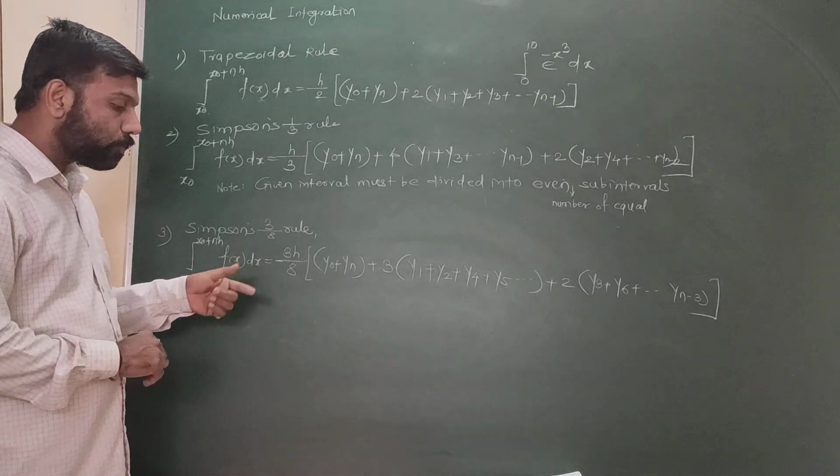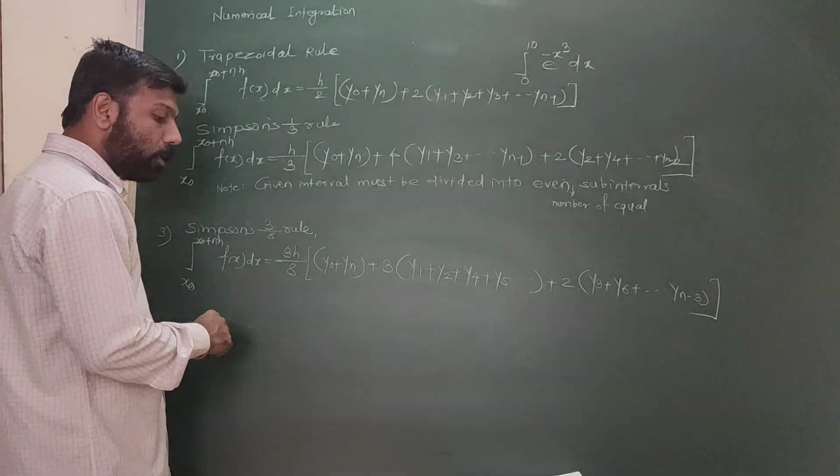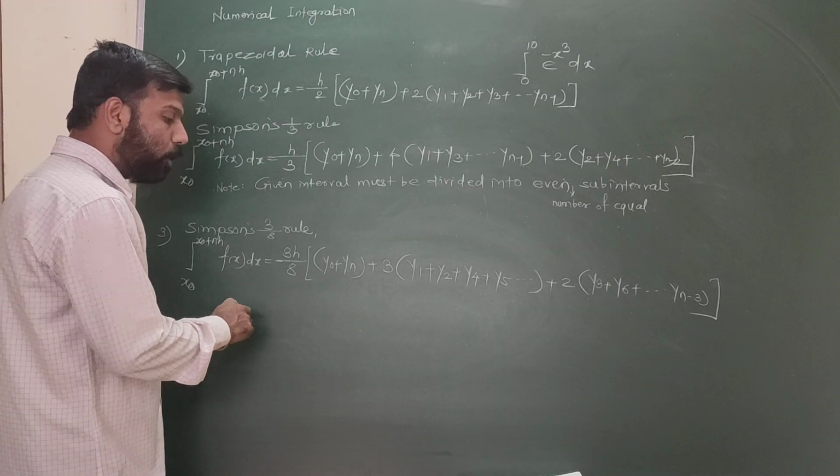Like this, for Simpson 3/8 rule, the number of subintervals should be taken as multiples of 3.